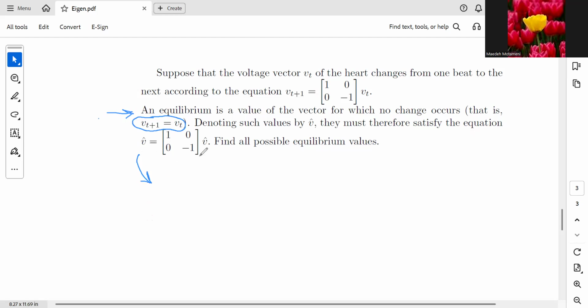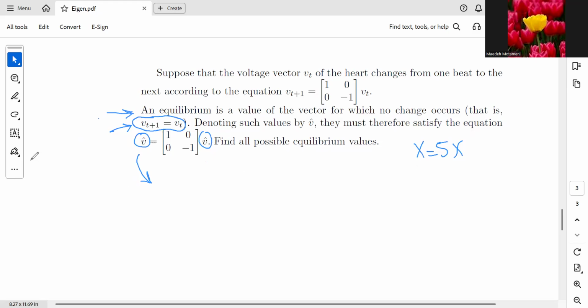So you can treat this equation as, let's say, x equals 5x in algebra. So maybe you have the question why these two are the same, because of the definition of equilibrium. It says that if you're going to find equilibrium value, that would be a value that v of the next step is the same as the previous step, as we see here. So we can just name them as v or a or any other letter. They should be the same. This is why you see v and v here.